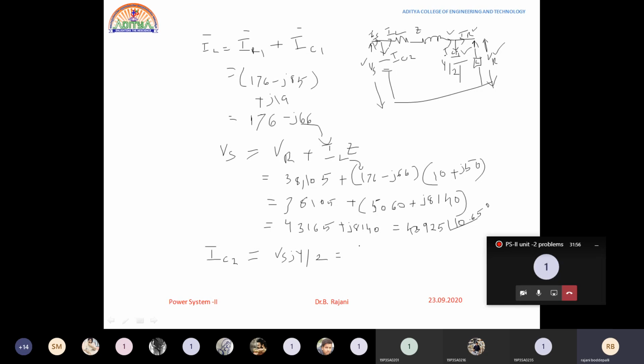Vs is this one. All of you please put this value. Vs into Y by 2 value is how much? Into J 10 into 10 to the power of minus 4 by 2, you will be getting. How much is this?